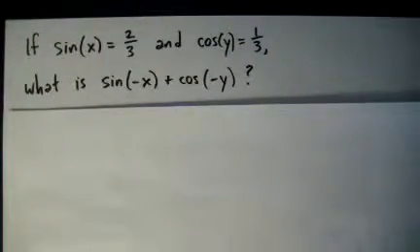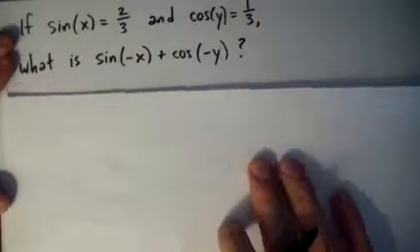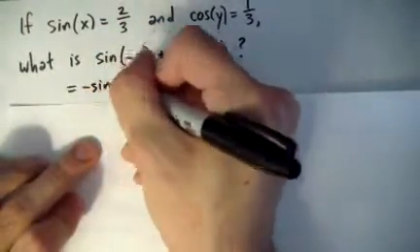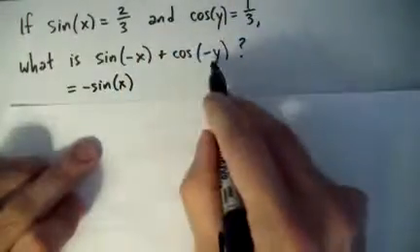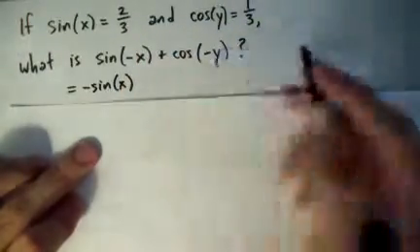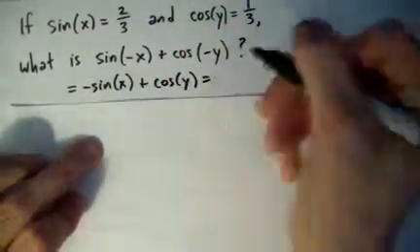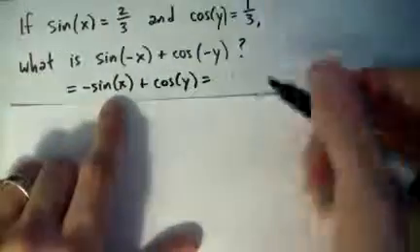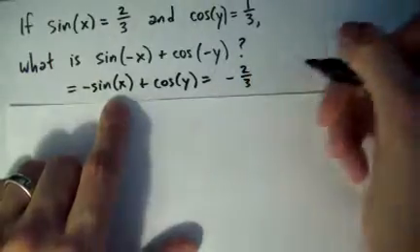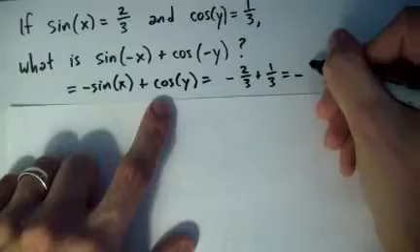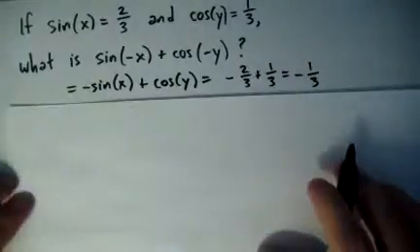Well, because we know sine is odd, sine of minus x is going to be equal to minus sine of x, and cosine of minus y, because cosine is even, is just cosine of y. And so what we get is minus sine of x, so minus 2/3, plus cosine of y, which is 1/3. And so we get minus 1/3 when that simplifies.